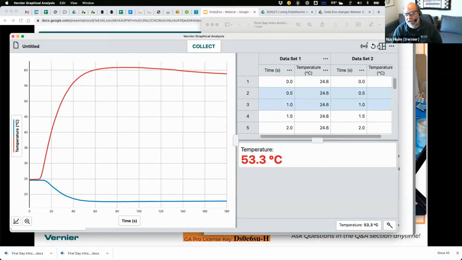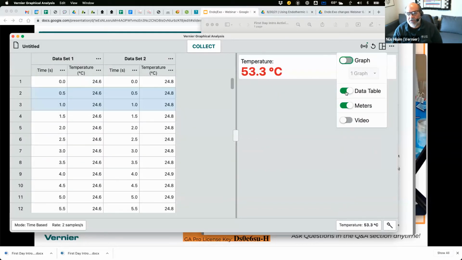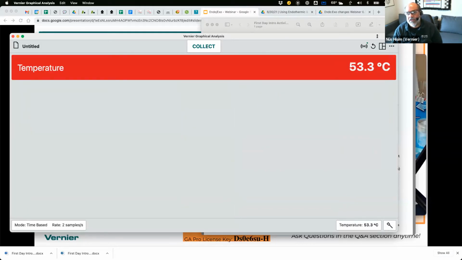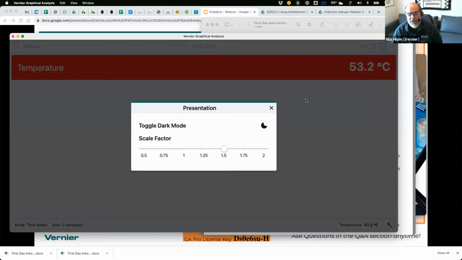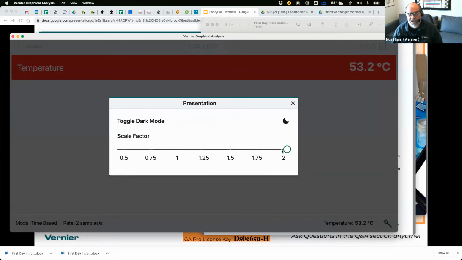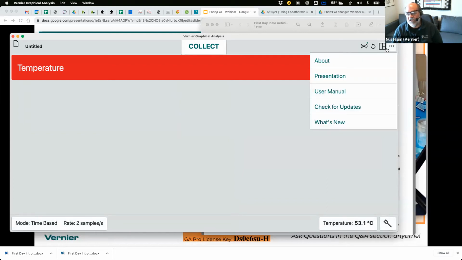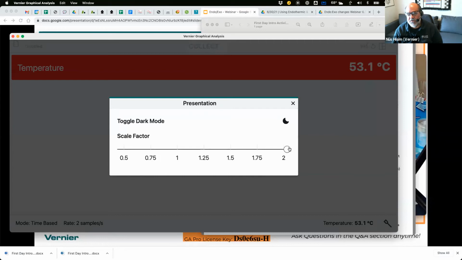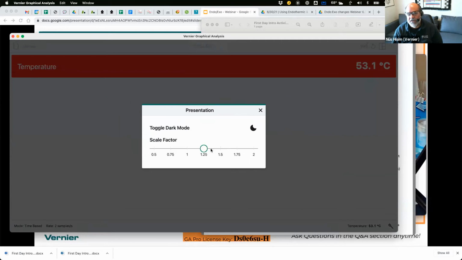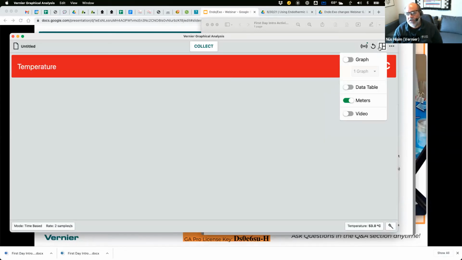You don't really care about the graph and stuff, and so you just want to have a big meter on the screen. So you can do that. You can make a nice big fat meter that stands out and your students can see it a little better. So that presentation mode, I find that very useful, particularly when I'm doing demonstrations for teachers.